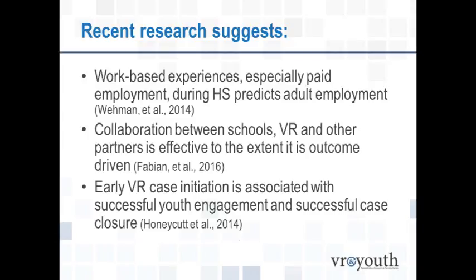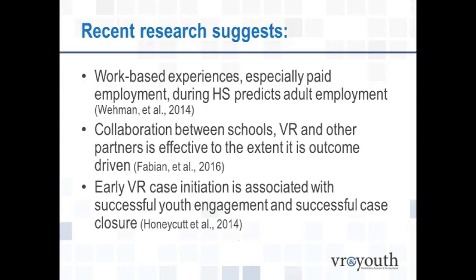In other words, when various partners involved in transition, for example, schools, vocational rehabilitation, community rehabilitation providers, post-secondary education institutions, American Job Centers, collaborate, it will be most effective when, as opposed to meeting to talk about the next handoff or how they will coordinate services, they meet about developing outcomes for specific students. Again, I'll talk more about that.